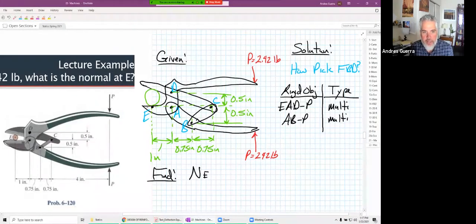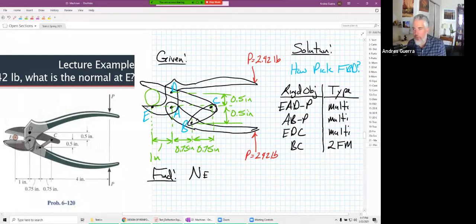We have the top jaw, which we'll refer to as ED to C. Really, E is technically that branch that we're trying to cut through. That also has more than 2 locations, so it's a multi. And then we have B to C. B to C is a 2-force member because there are only 2 locations of forces.